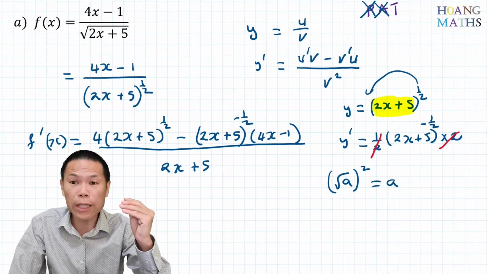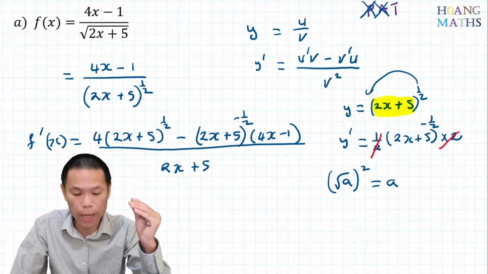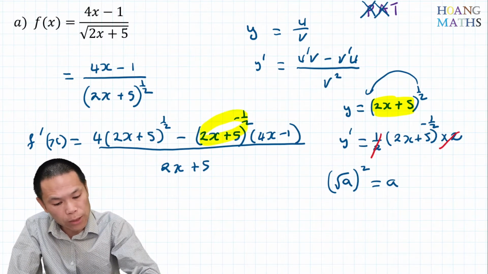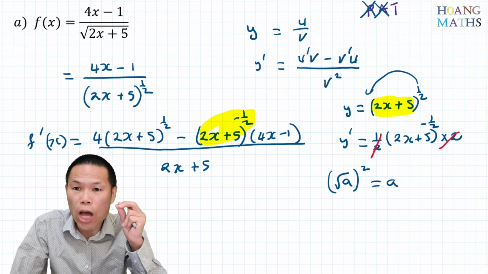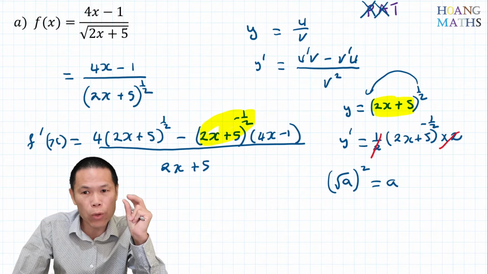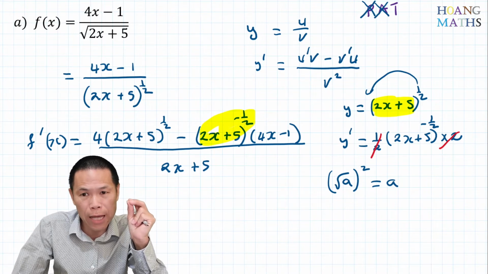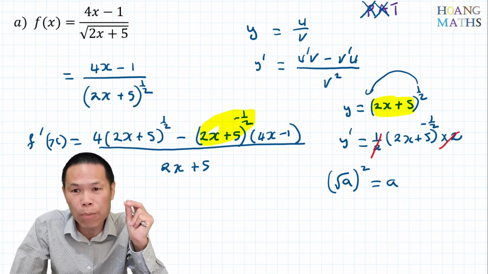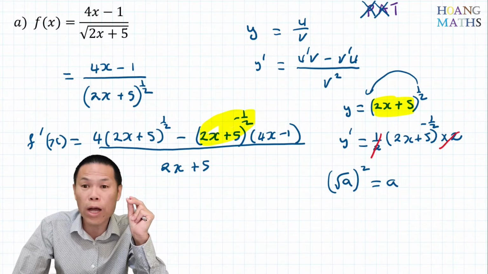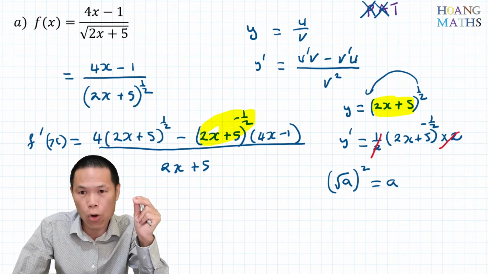To simplify this, there are so many ways to do it, but the easiest way is to try to get rid of this. To get rid of this, we times by (2x plus 5) to the power of a half, because when you add them together, negative a half plus a half is 0. Anything to the power 0 is 1. So we try to get rid of that. Otherwise, you have to write in fractions, and then we add or subtract fractions and make it more complicated.